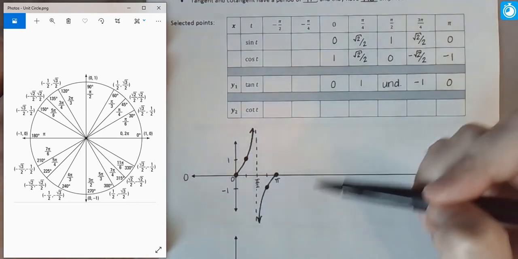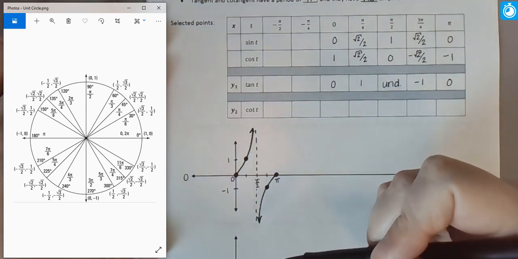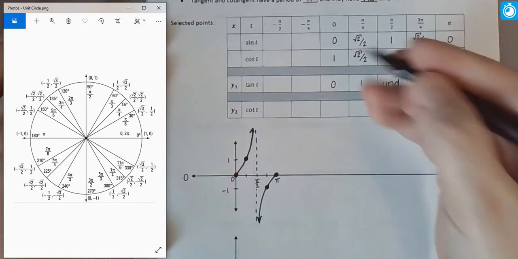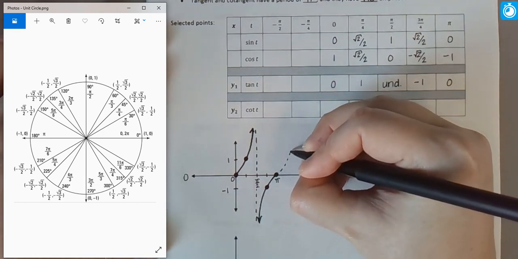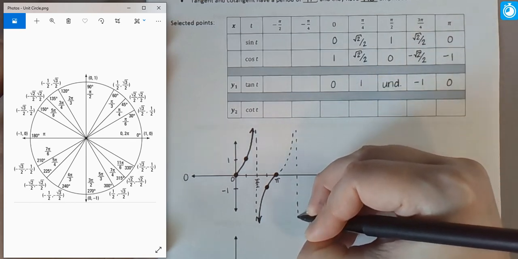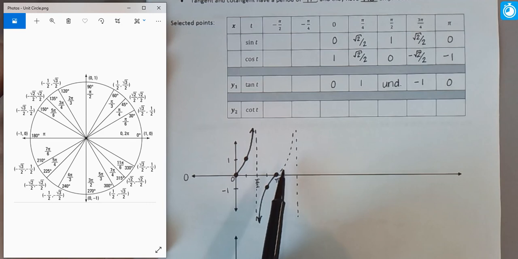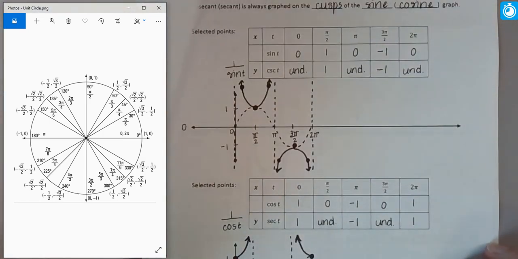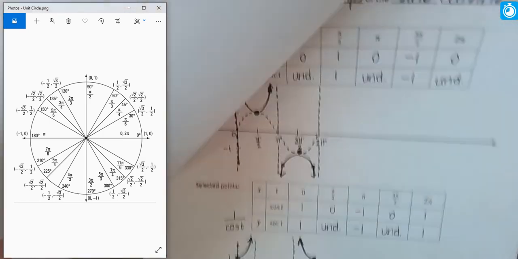Now this is technically a full period of tangent, but here's the problem. If you keep in mind how this graph would repeat, well, we'd get something like that, and then we'd have another asymptote, right? Which means that standard period from 0 to pi doesn't actually give us the full picture, in the sense that we get a whole branch. This is similar to what happened with the secant.